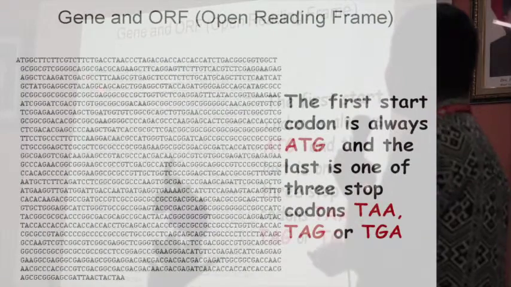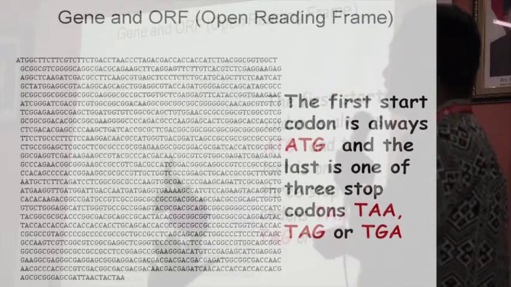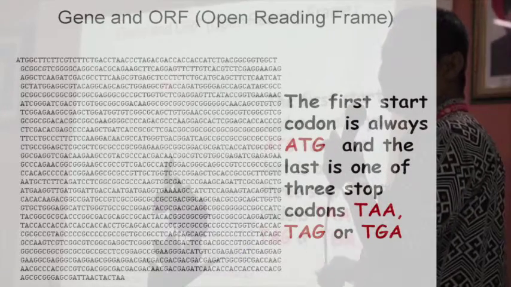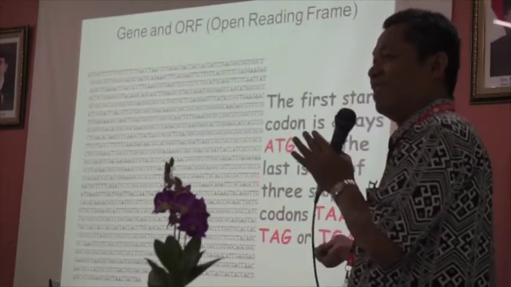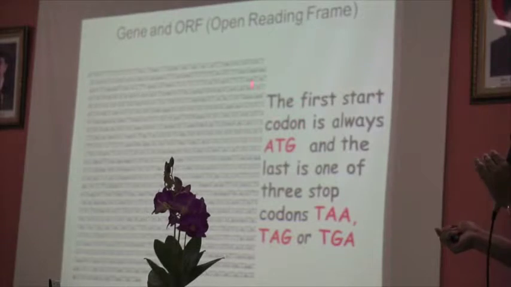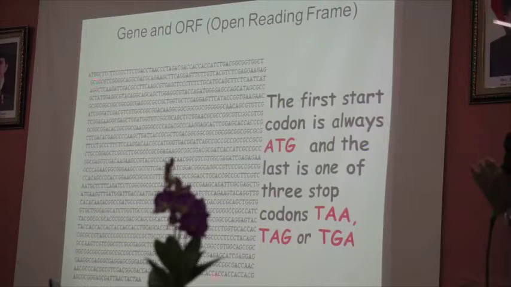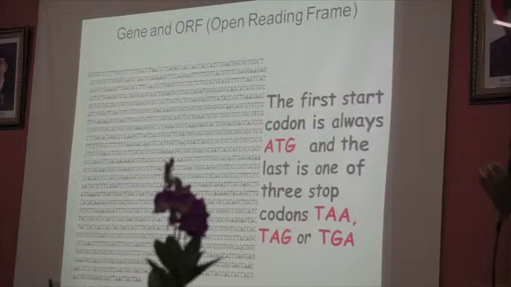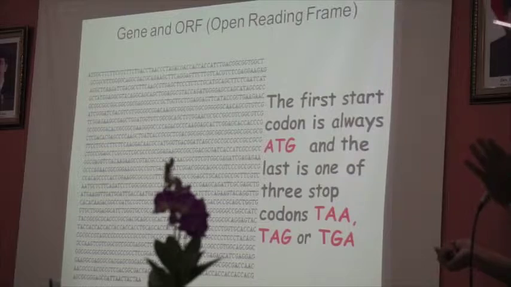So when we get information about ATG and so on, by bioinformatics analysis, a segment of DNA can be predicted as a gene or not. This is using the classical approach that a gene always starts with ATG, followed by one of the three kinds of stop codons, TAG, TAA or TGA. Sometimes it is called an ORF, open reading frame.